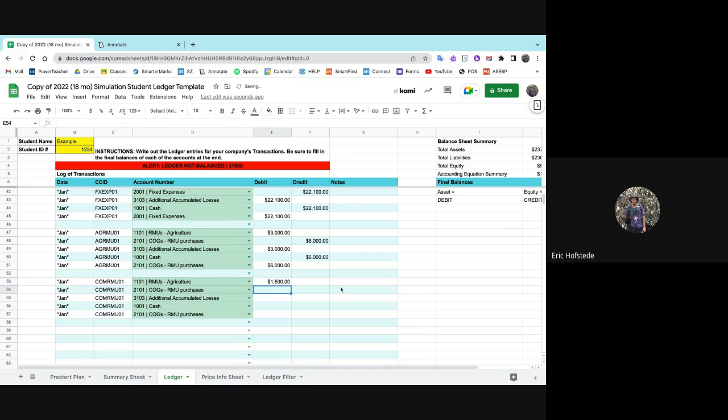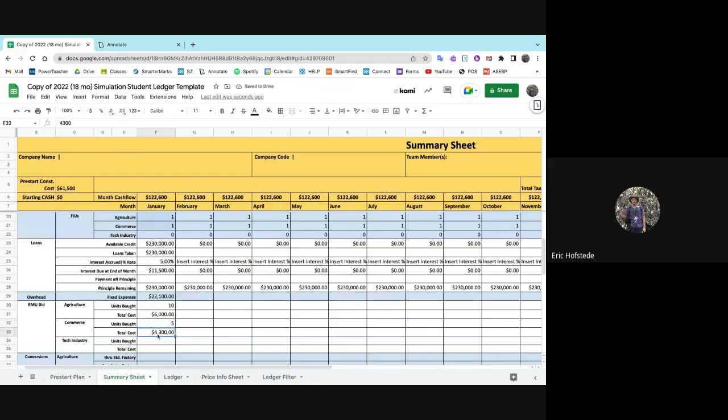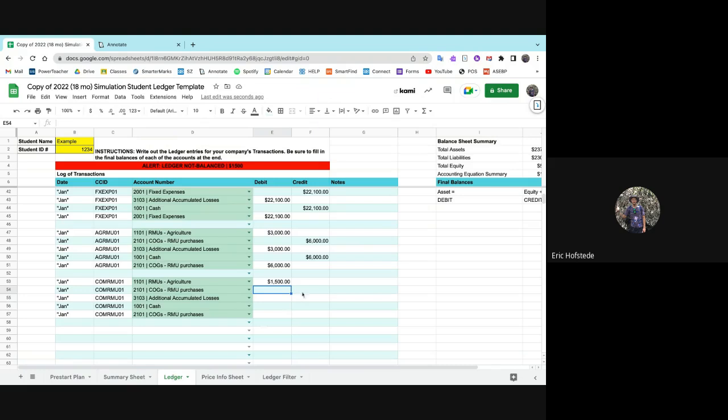All right, how much did I pay for it? My summary sheet says 4,300. That's going to be my bill, which is a credit. Then it's out of balance. I can read up here, it's 2,800, or I could go 4,300 minus 1,500. Either method gives me an additional accumulated loss of $2,800.